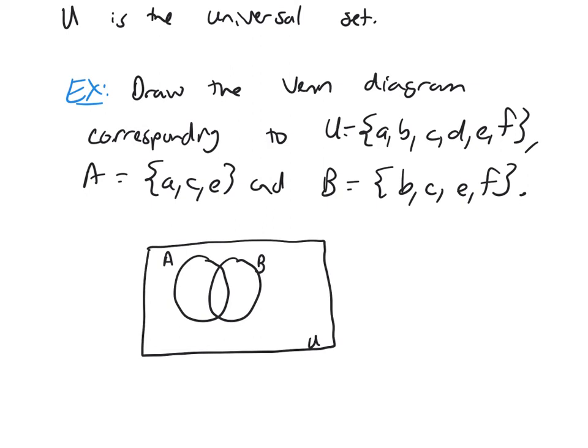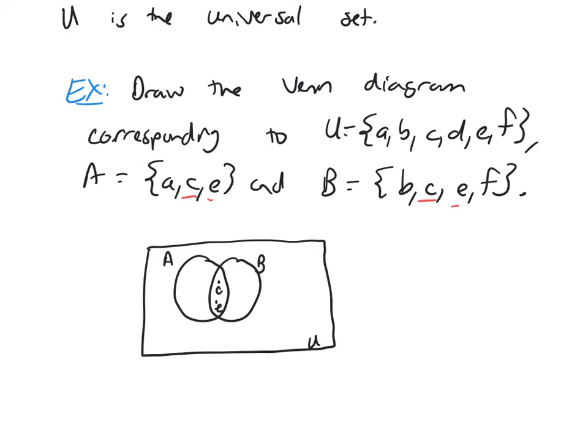Well, what do they have in common? If I look, both of these sets have the element C in there. So we use a single dot to represent the element C. And then what other elements do they have in common? They have E in common, and that's it. So there's C, there's E. And now we're going to fill in the rest of the diagram.